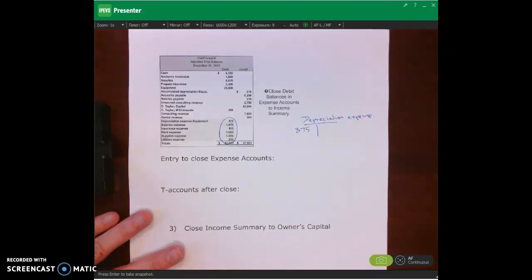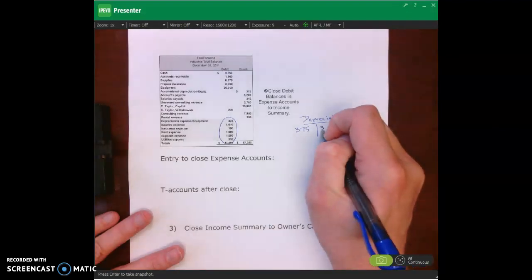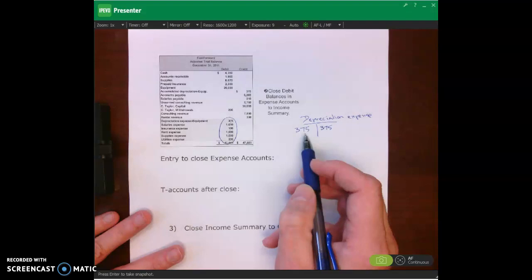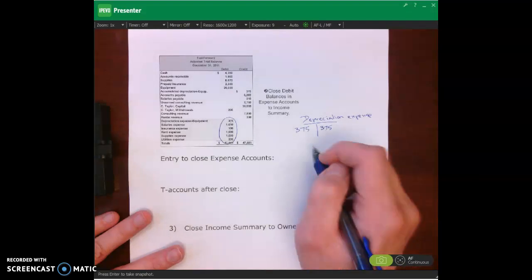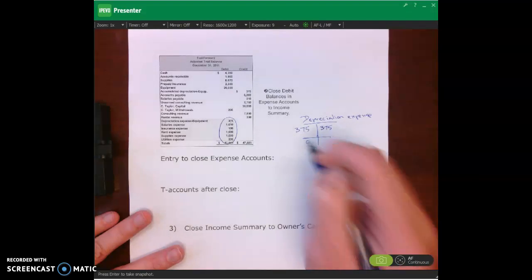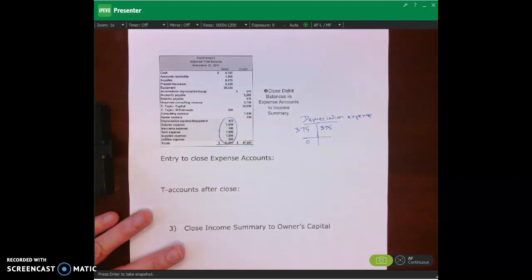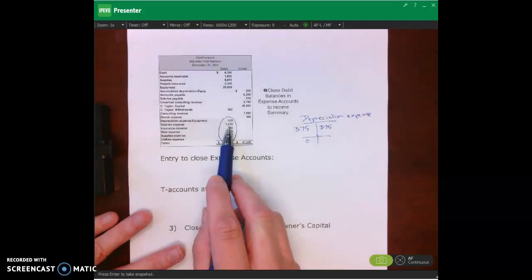Now the question is, how do I give depreciation expense a zero balance? What do I need to do to depreciation expense? I need to credit it. Because if I put $375 on the credit side, now $375 minus $375, the balance is zero. Okay? I will do that exact same thing for salaries, insurance, rent, supplies, and utilities.